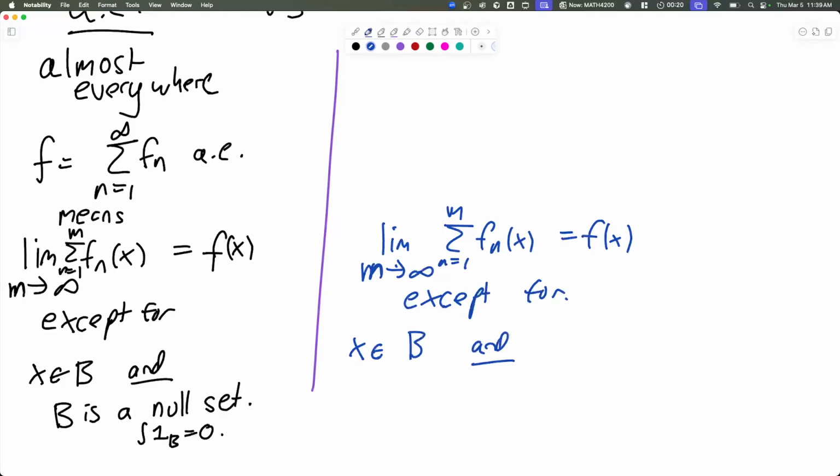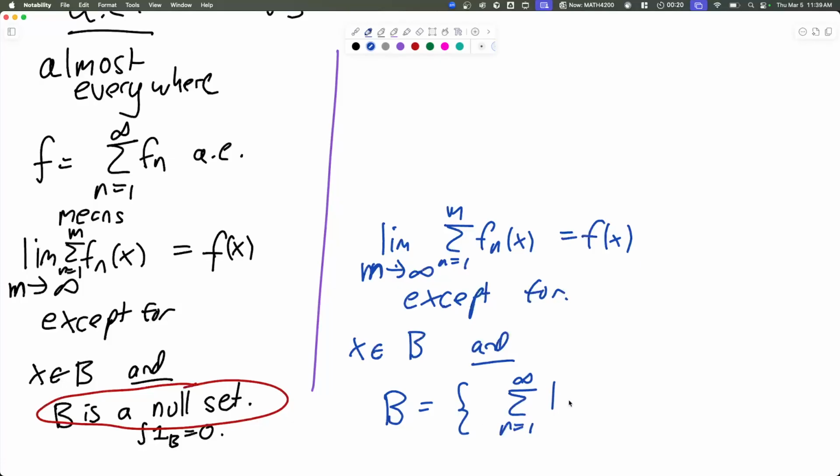For almost everywhere, B is any null set. That's the condition. But in this one specifically, B is the set where the sum from n equals 1 to infinity of the absolute value of fn of x equals infinity, the set of x values such that this. So B is like a specific bad set.